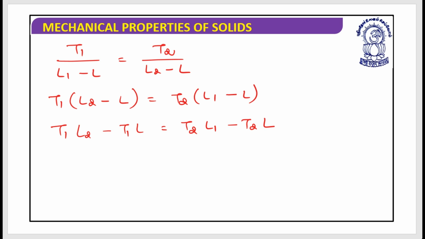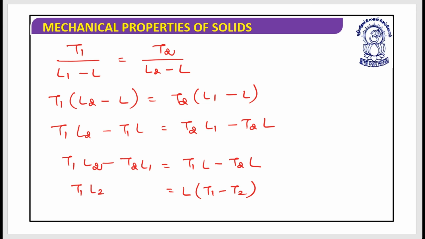From this it could be written that T1L2 minus T2L1 equals T1L minus T2L. Taking L as common, this is T1 minus T2.